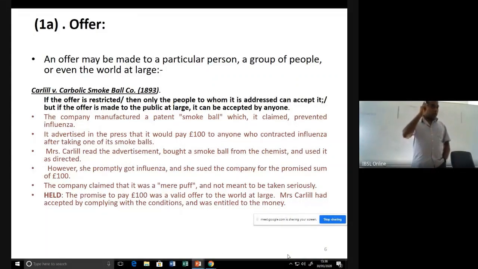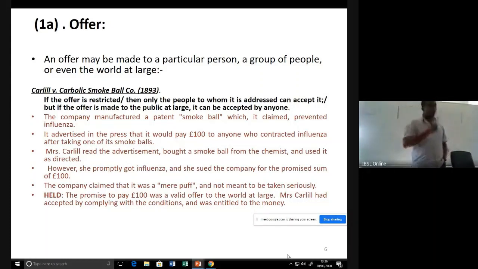Now that is also an offer. I am the owner, I am the offeror, I make the offer for 50 rupees. The price is given, the conditions are there.